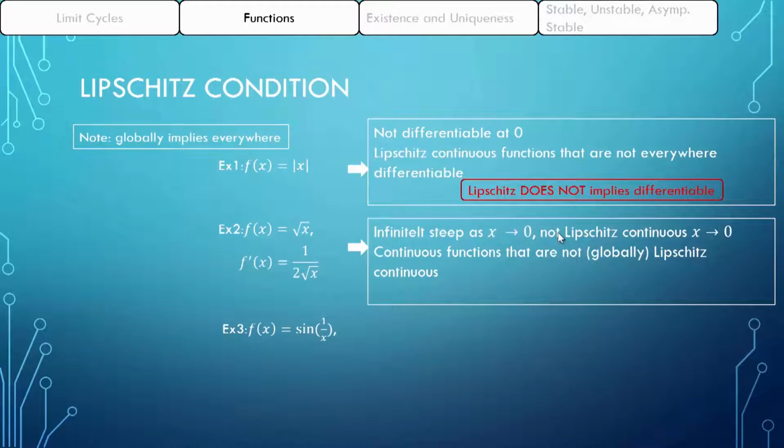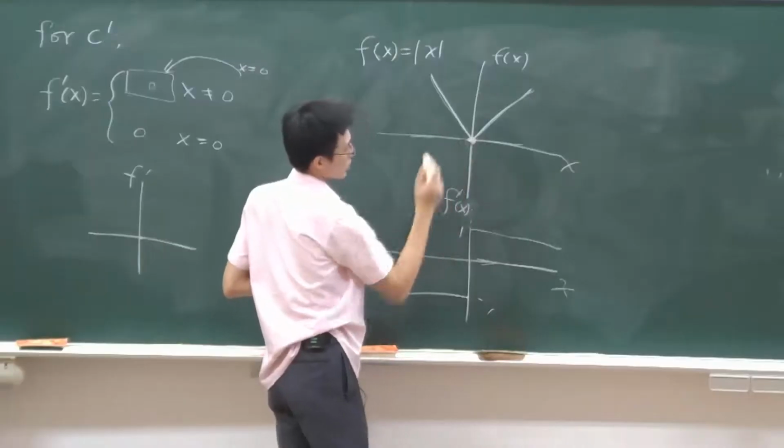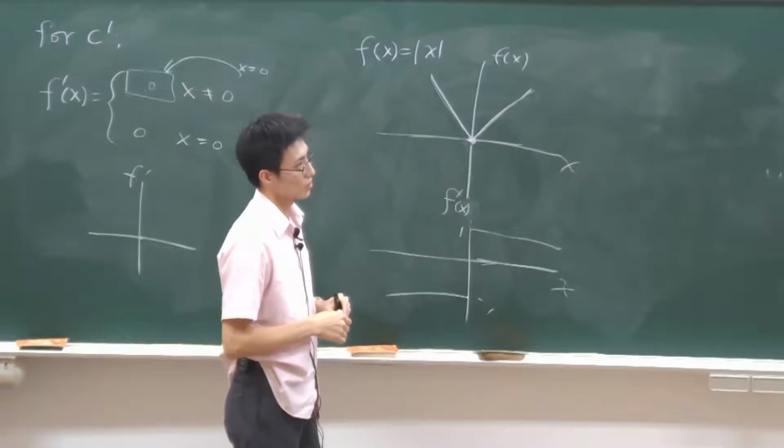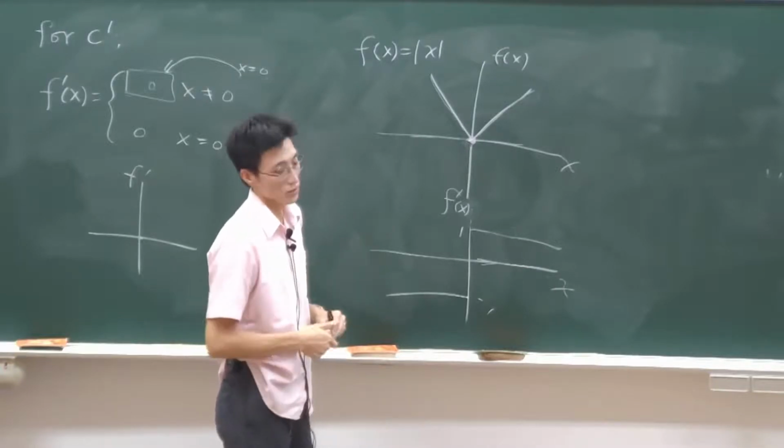But it's a continuous function. So continuous functions are not necessarily globally Lipschitz. Globally means everywhere. Everywhere means for any x. Okay. So the first example here is not global because if only one point is not differentiable, then it's not globally differentiable, or continually differentiable.